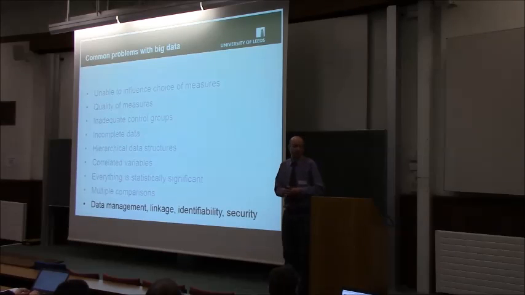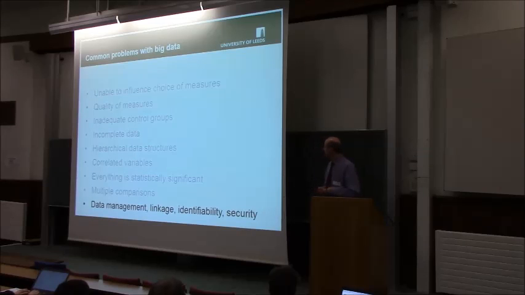And finally, of course, this is probably what you're all familiar with, is data management issues. Just a huge amount of data. Robin was talking about that. How do you link these things together? How do you do it in a way that doesn't identify individuals? And of course the data security issues as well.